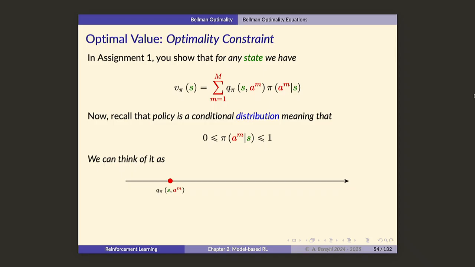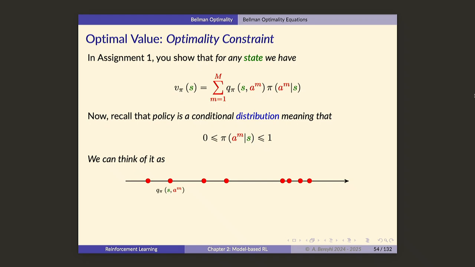If I have m different actions, how many of these dots am I going to have? M different dots, right? So they're going to look something like this. Some of them have more action value, some of them have less. Everybody's clear? No magic, nothing weird, right?